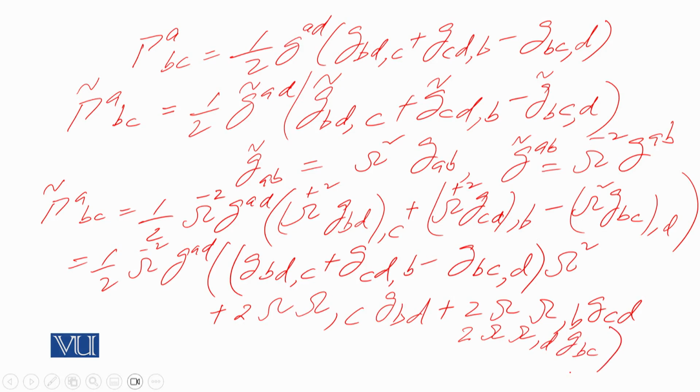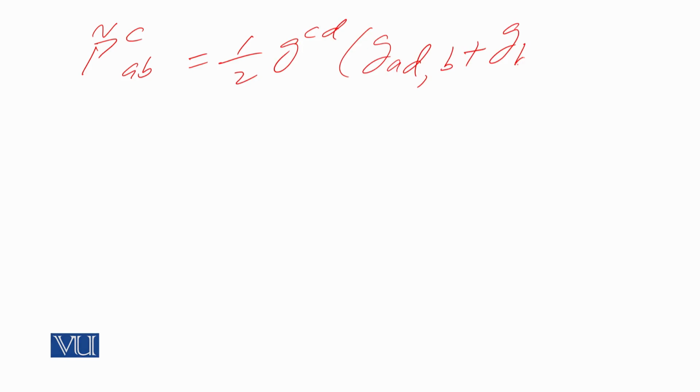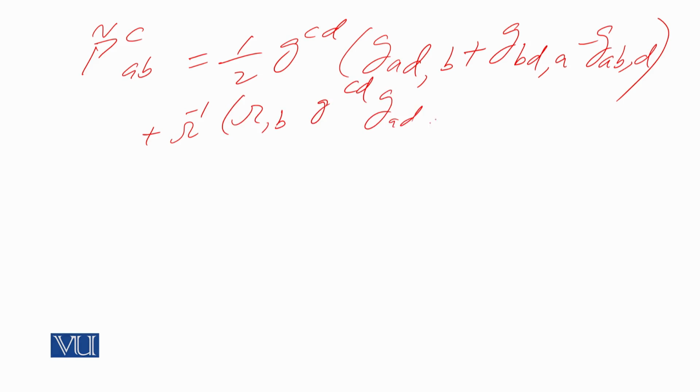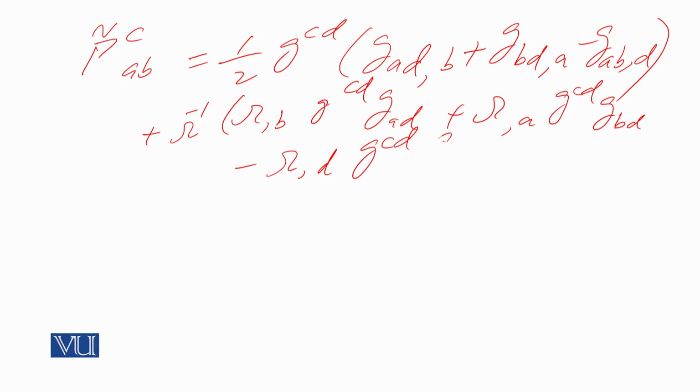Now, simplifying this, we can write it as 1/2 g^AD (g_BD,C + g_CD,B − g_BC,D), and you can see this is just the original Christoffel symbol, plus the additional terms like this: minus omega comma B g_CD, omega comma A g_CD, and minus omega comma D g_CD g_AB.